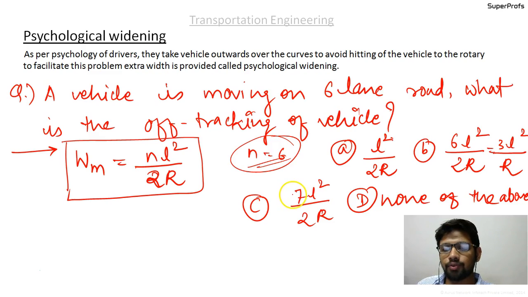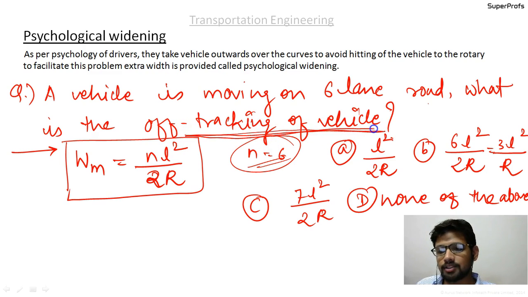The question is not asking what should be the extra widening to be provided on the road, but what is the off tracking of the vehicle, which is irrespective of the number of lanes. So option A is the correct answer, that is L square upon 2R. Okay guys, so now let us move ahead.